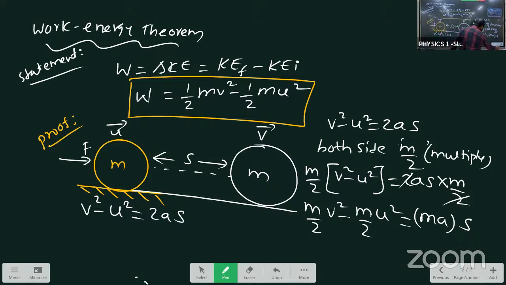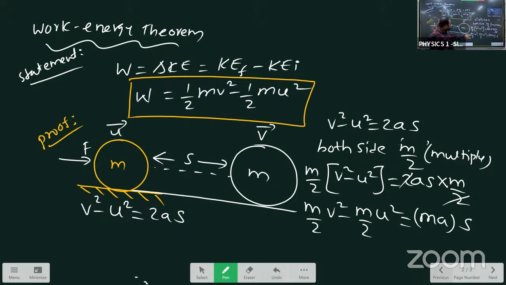Next step, we can get half m v square minus half m u square equals, on the right side, ma into s, which is force into displacement.